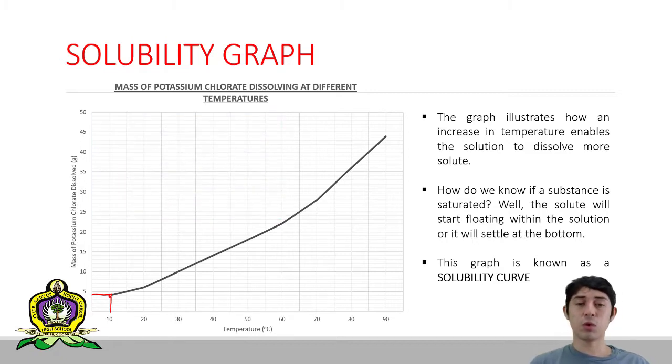Then we noticed that at 20, when we increase the temperature to 20, so we put our little point there, it could dissolve 6. At 30, we notice that it could dissolve 10.